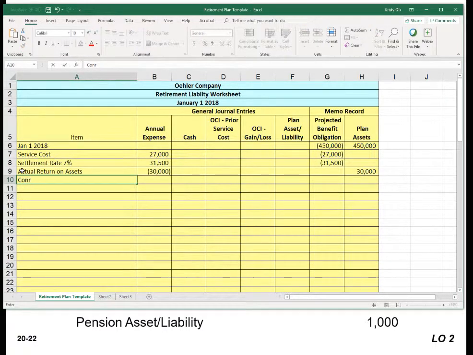We have our contributions, in the amount of $32,000. Payout cash of $32,000. And then we had benefits paid, in the amount of $17,000.